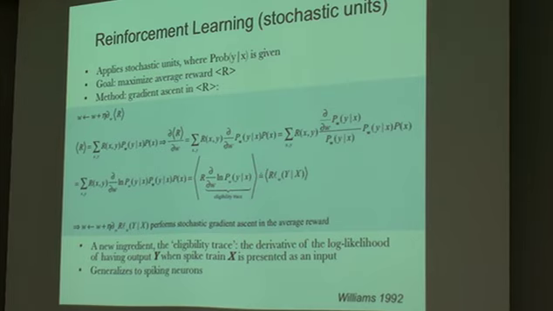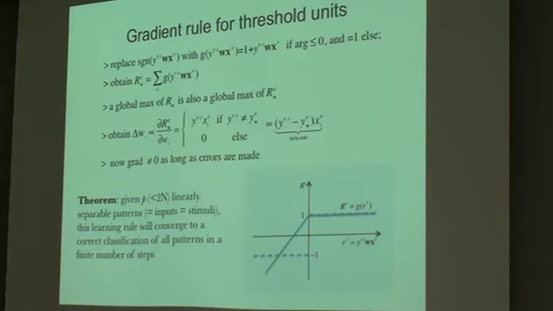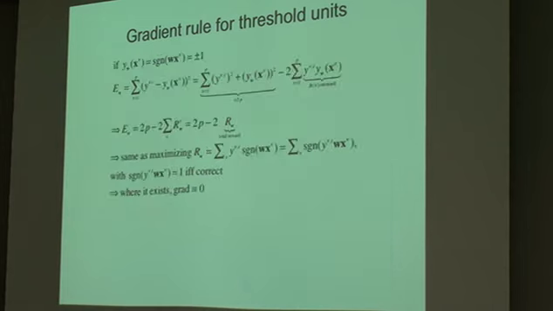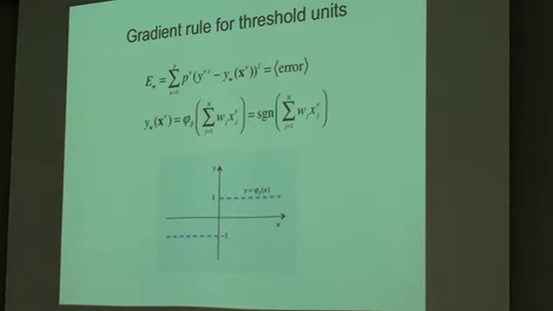Now, using more or less the same equation, but given a different interpretation, imagine that units are stochastically activated. So you have an input current or a field, which is the sum of the inner product.